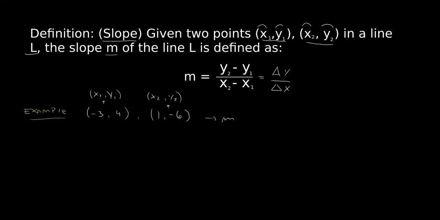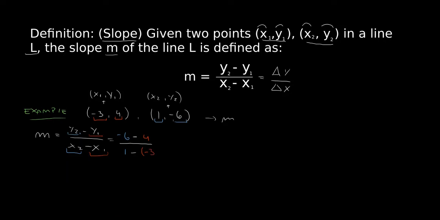So with this definition we have that the slope m is going to be y2 minus y1 divided by x2 minus x1. y2 is minus 6 and y1 is 4, divided by x2 is 1 minus x1, that is minus 3.